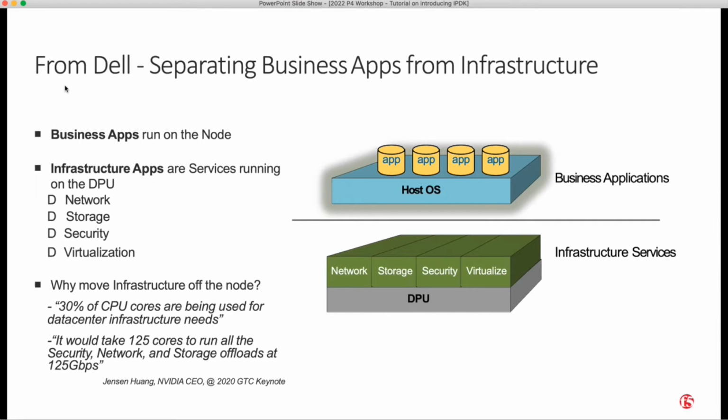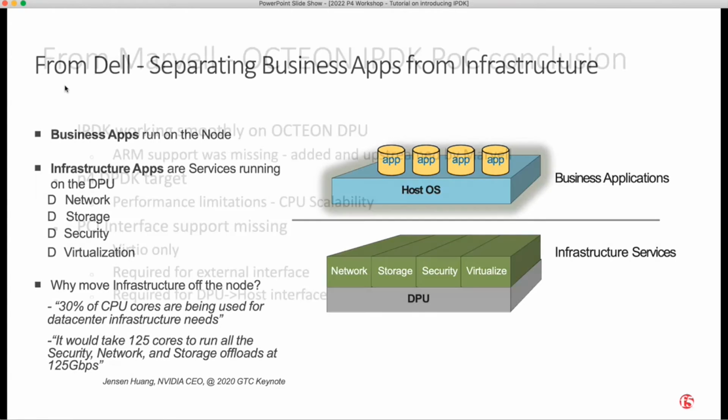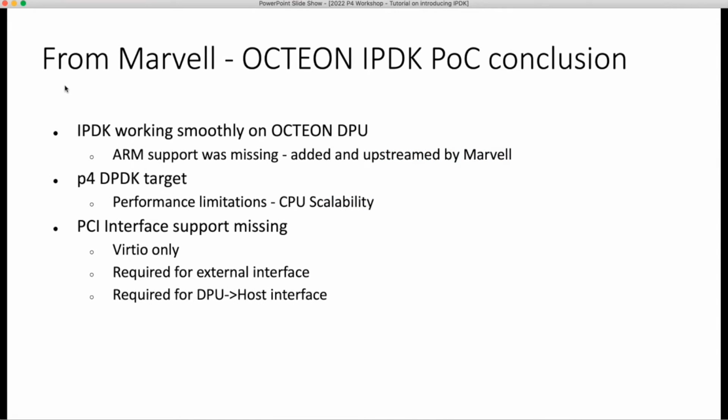And another presentation from Dell emphasized the importance of separating out the business logic from the infrastructure, which we are already doing. Marvell told us that they were able to take the IPDK code from the IPDK GitHub and run it on their ARM-based Octeon processor, which was a big motivation booster for us.